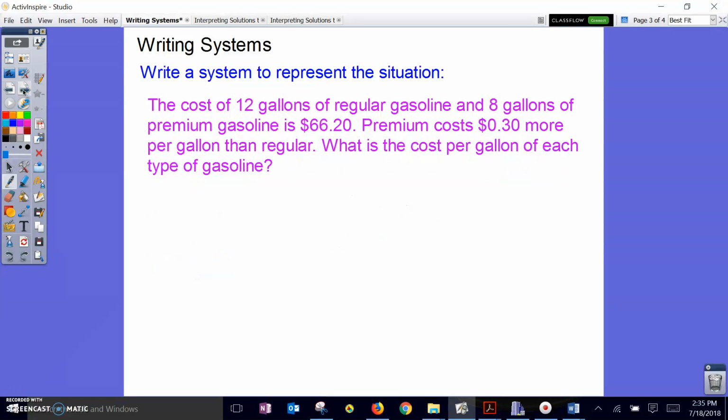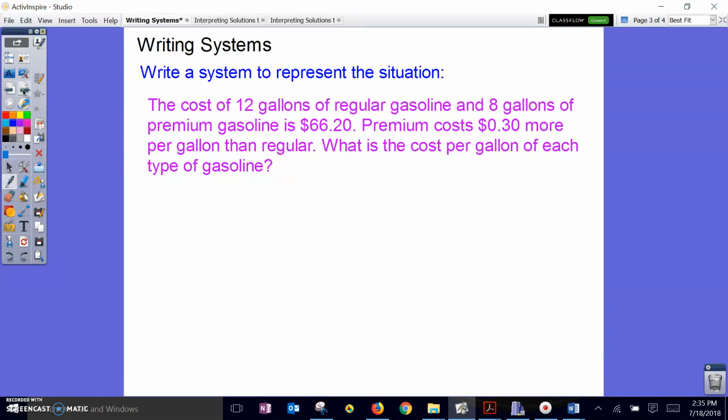Alright, next example. We're going to write a system to represent this situation. The cost of 12 gallons of regular gasoline and 8 gallons of premium gasoline is $66.20. Premium costs 30 cents more per gallon than regular. What is the cost per gallon of each type of gasoline? So we're looking for the cost of each type of gasoline. We need to find the cost of regular gasoline and also the cost of premium gasoline.